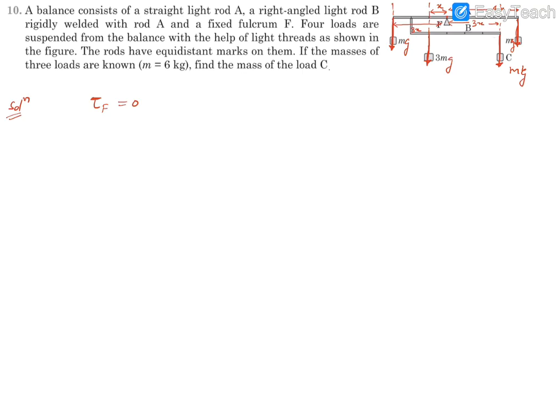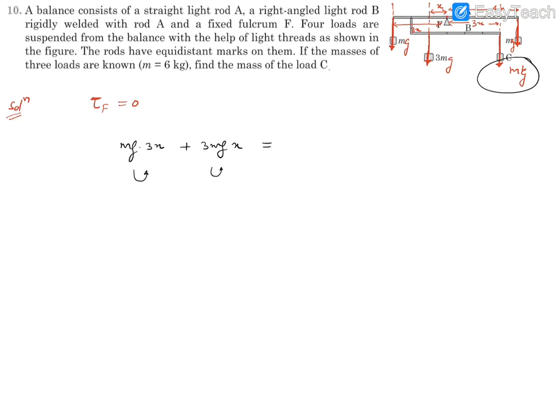Now let's write the torques which are from the left hand side, or you can say in anti-clockwise sense, and those which are in clockwise sense. So this mg force is going to give a torque mg into 3x, and this 3mg is going to give a torque 3mg into x, must be equal to, these torques are in anti-clockwise sense.